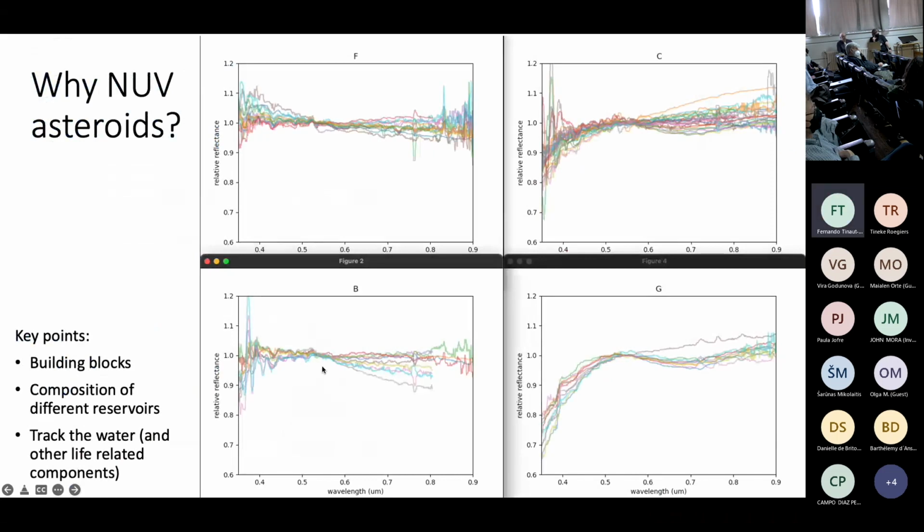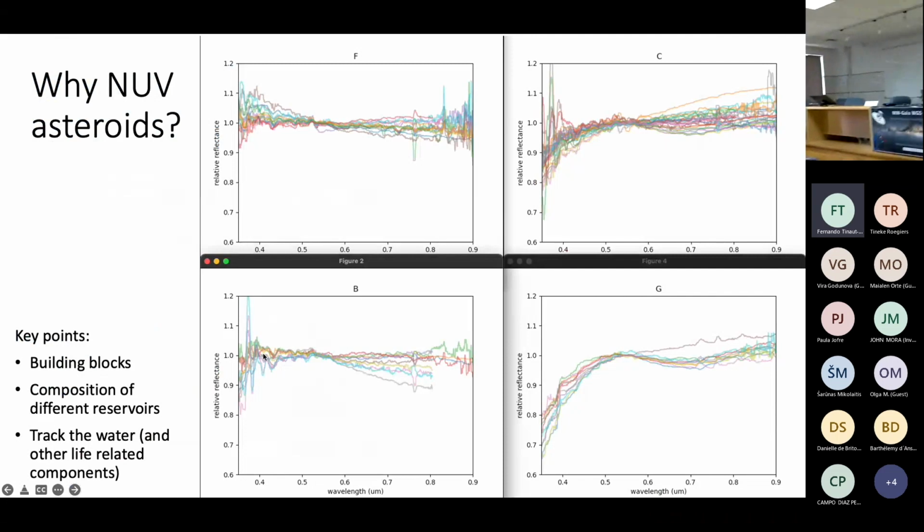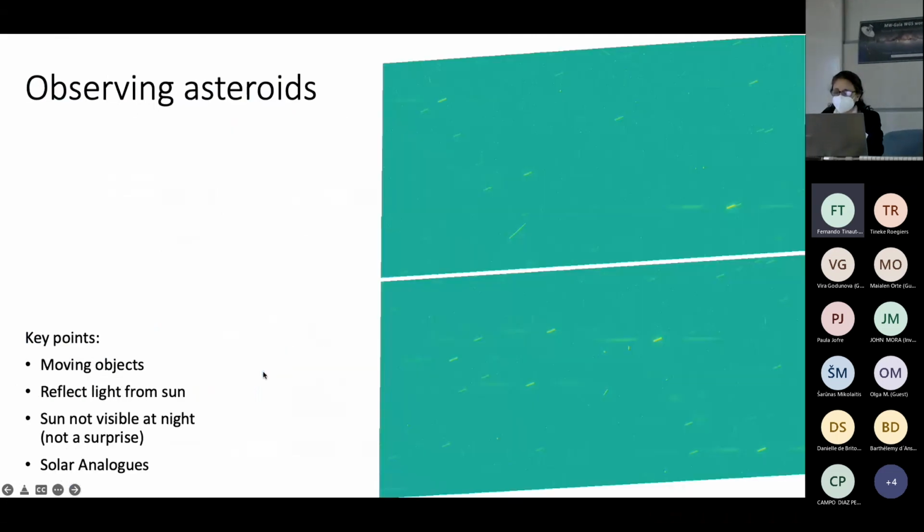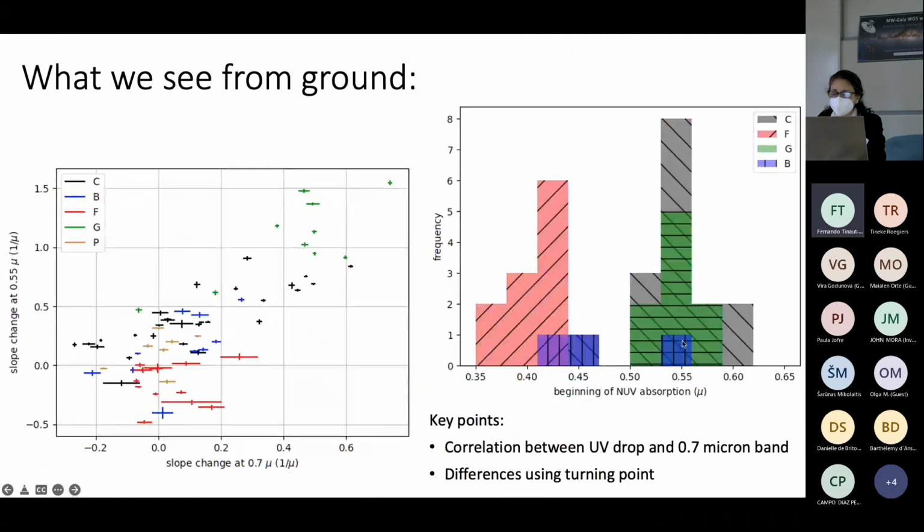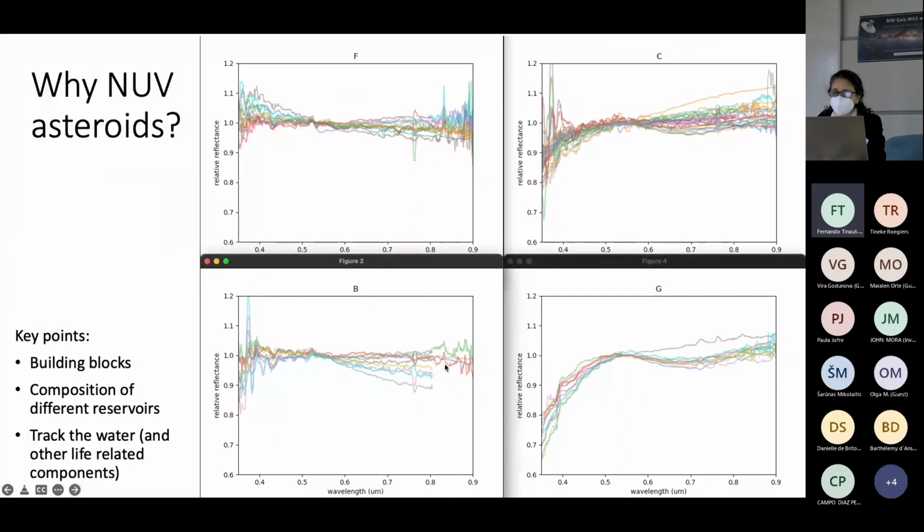One of the things is that we have some problems in this region. Actually, for B types, we have a lot of problems in this region. So for this one, I don't trust it. Probably this asteroid is not a B type. The classification is made with an algorithm in which we transform the spectra to another set of filters in which the authors make a classification.